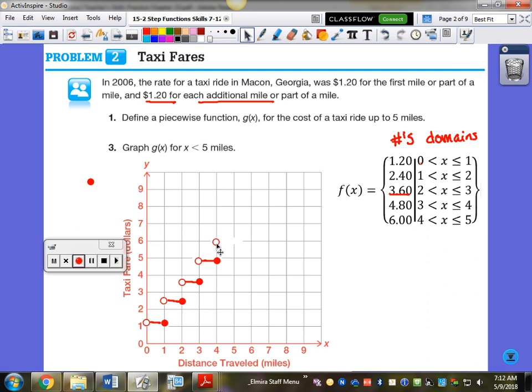And then $6 for 4 to 5. Now, why did I stop here? Because the directions said to just make the graph up to 5 miles. So once we hit the 5 in our intervals, we can stop making intervals.